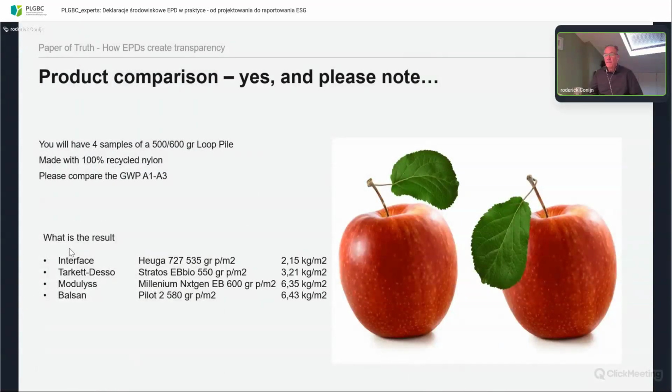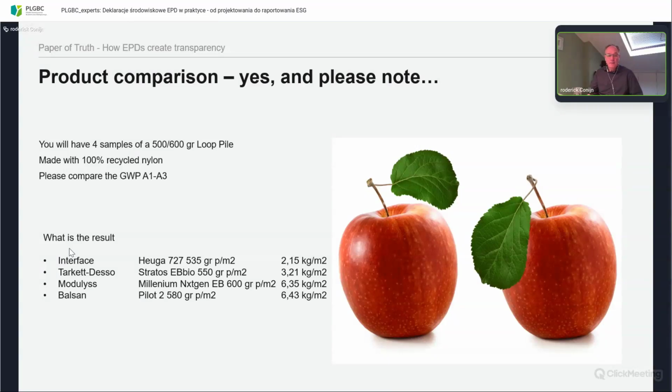For example, the impact of the 727 is 2.15 kilos per square meter. But if you compare that to, for example, the Balzan product, that's almost triple the impact.